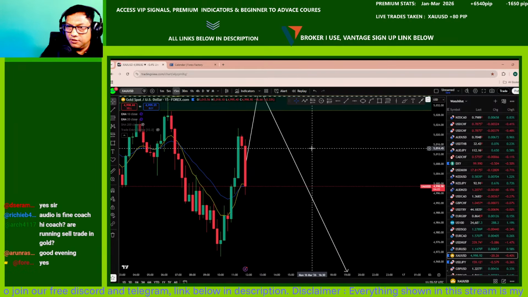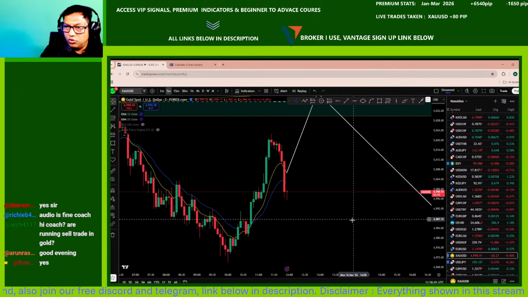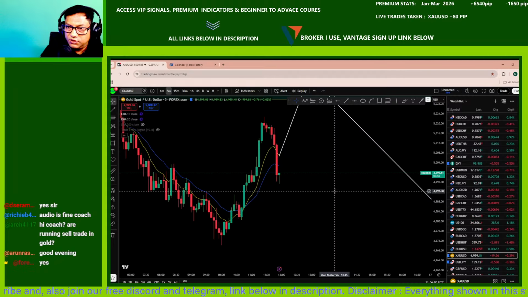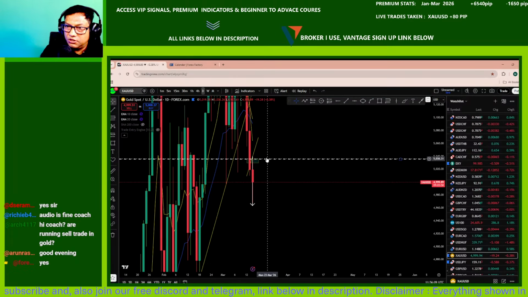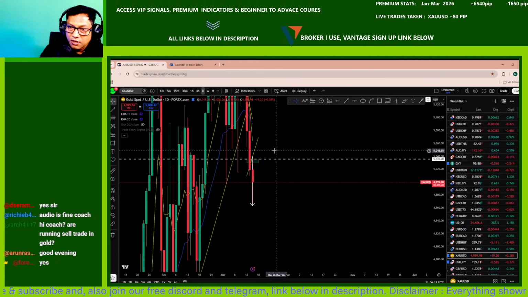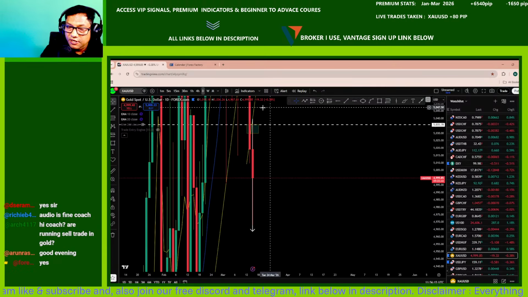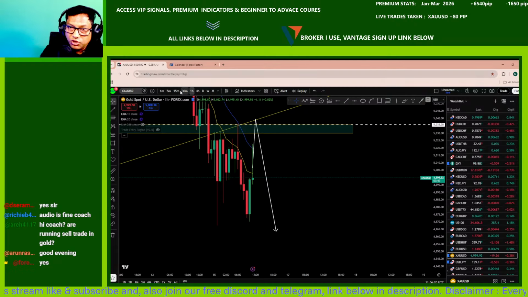Okay, so you can see there is a rejection here, and for us to be able to look for a sell, as the market rejected, I'm looking for a sell here because it's a downtrend. If you look at the daily price action, again we saw a rejection of this daily resistance line. So this is a downtrending market.